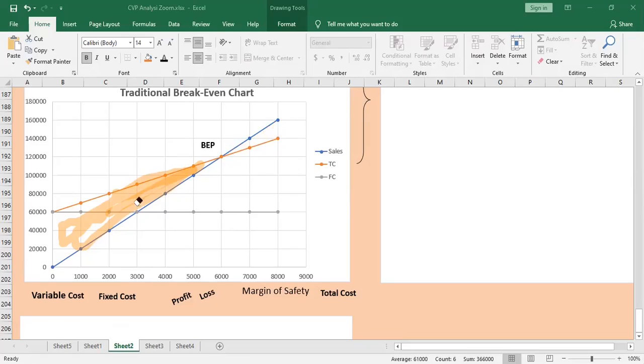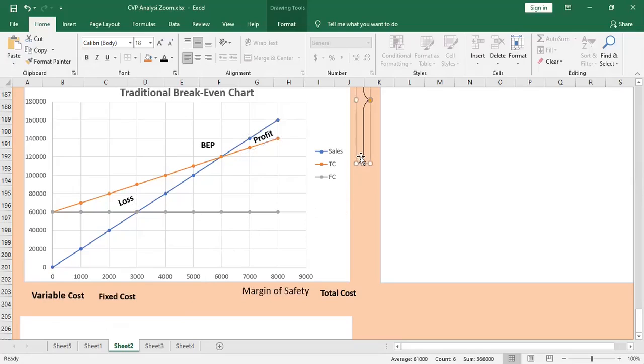So let me put these labels there. You are making a profit here, you are making a loss in this area, and you are making a profit in this area when you go beyond the break-even point, right? And you know your break-even point is at this 6,000 units, and your fixed cost is given here.